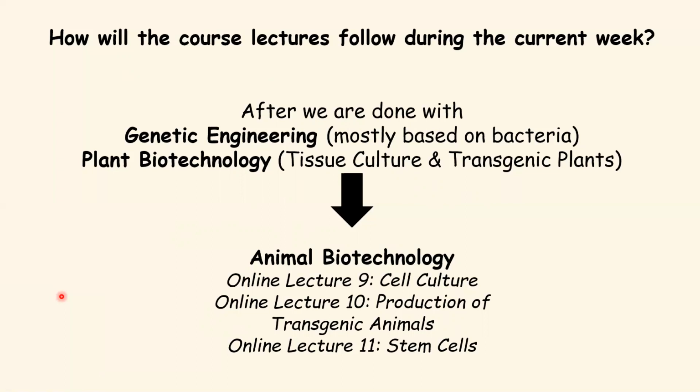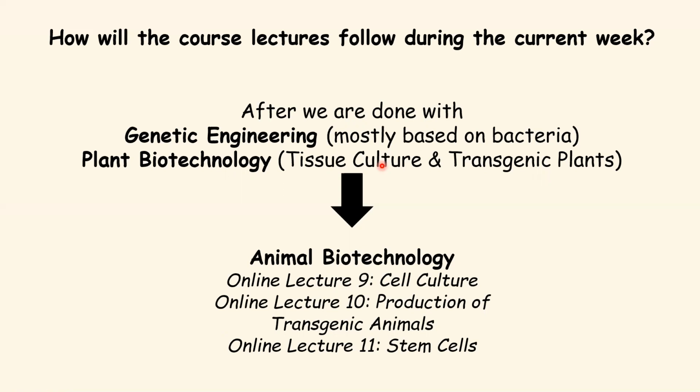If you know about genetic engineering, which was mostly based on bacteria and other prokaryotic organisms, then we jump to plant biotechnology. We also talked about genetic engineering, which results in transgenic plants production in higher eukaryotes, because plants are eukaryotes, and then we talked about tissue culture.